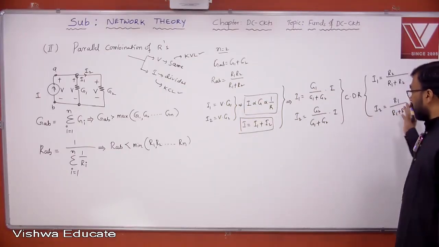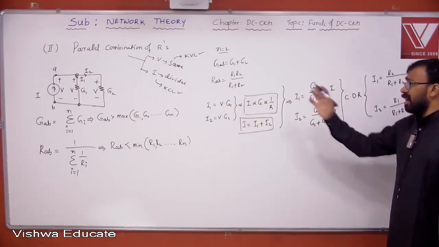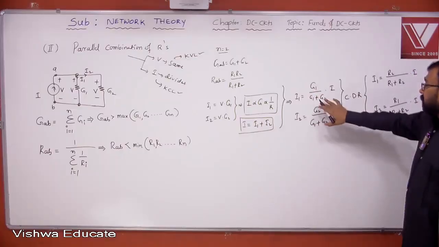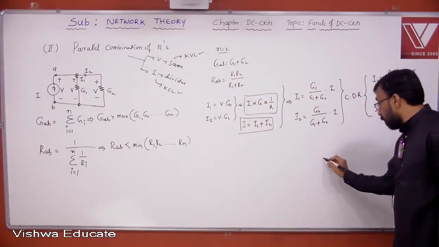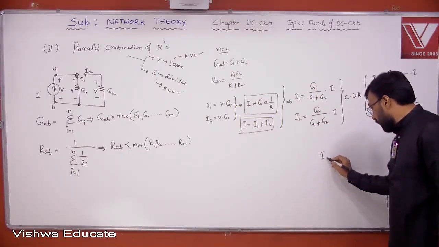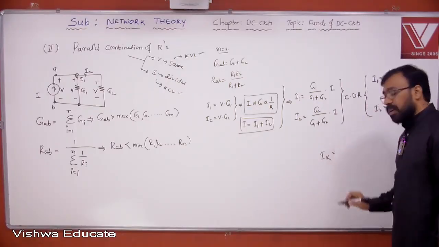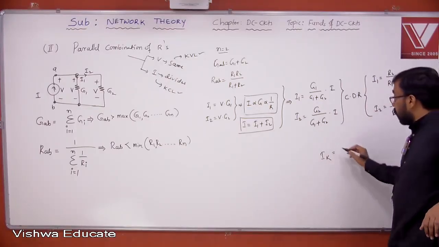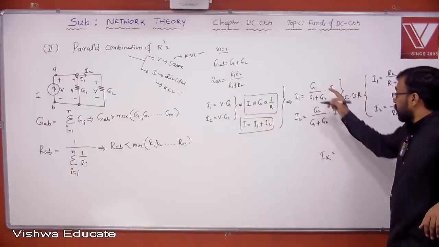This is a formula for current division when elements are connected in parallel, in terms of conductance and in terms of resistance. But I would like to take n number of elements. Then what is the current through the kth element? I1, G1, Ik, Gk, right?